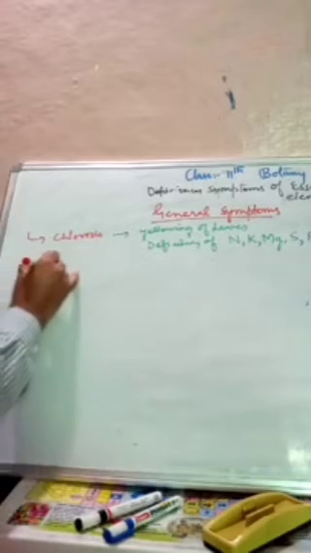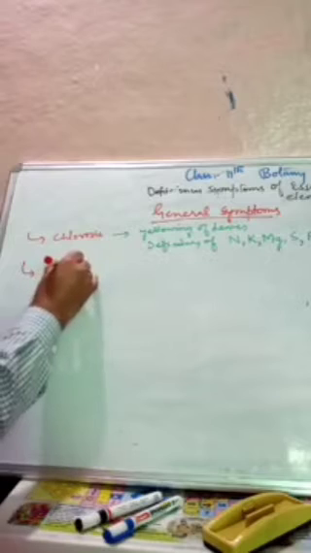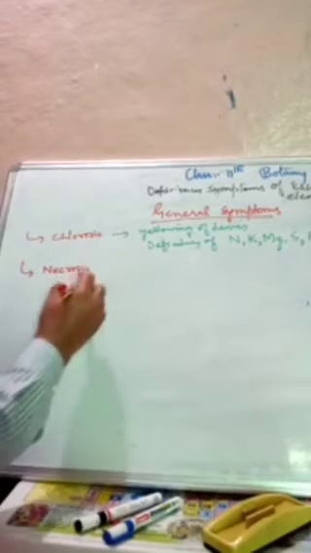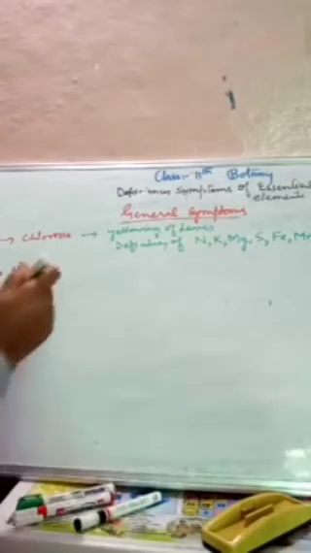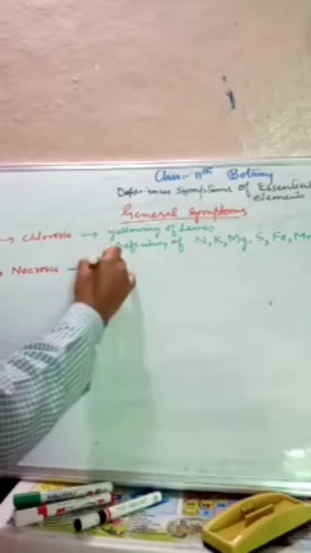Second जो हमारे पास है, necrosis. When we see the symptoms appear, here in this case there is necrosis. necrosis में हम क्या देखते हैं? Symptoms क्या होते हैं?